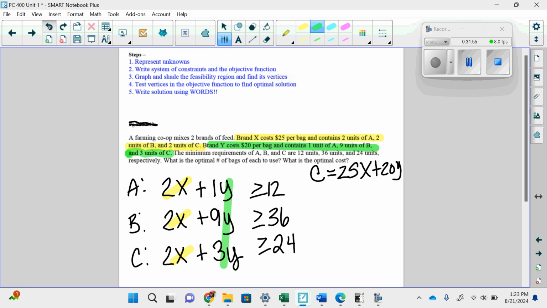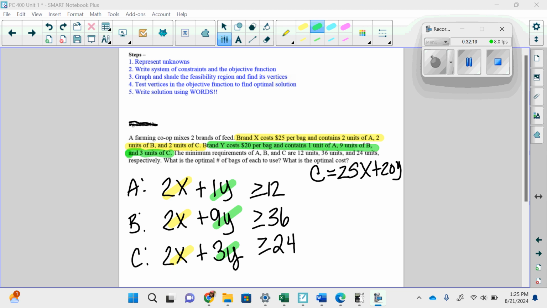We have that 1 unit of A, 9 units of B, and 3 units of C from brand Y. So from here, it would be exactly the same. Solve each one for Y, graph them, find that intersection, and then test those points in our optimization function.